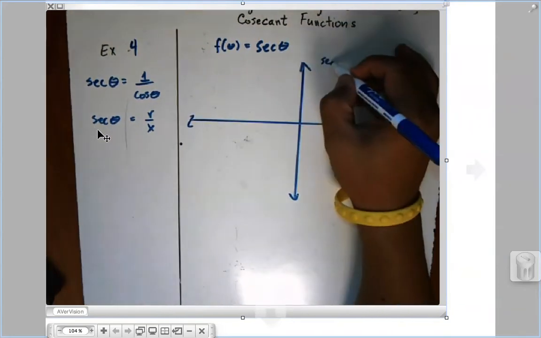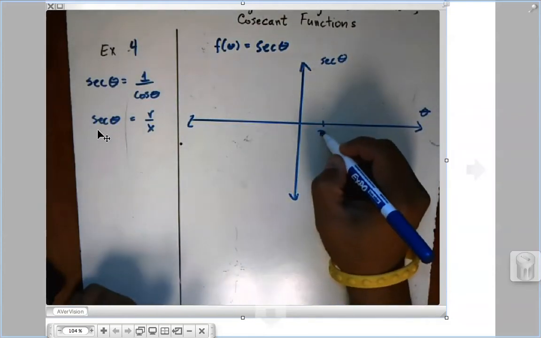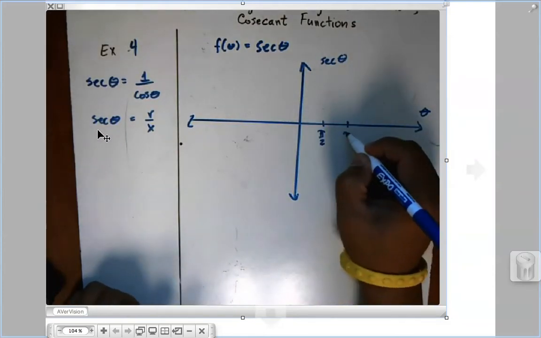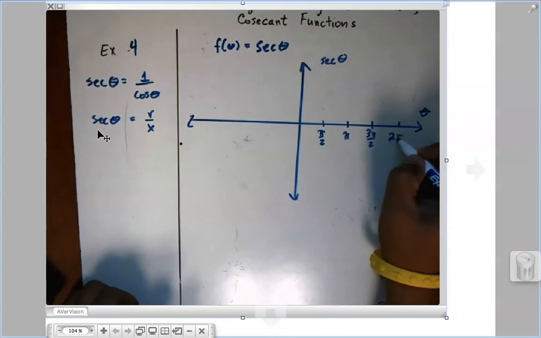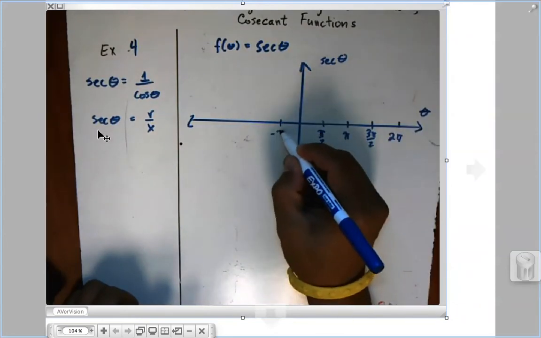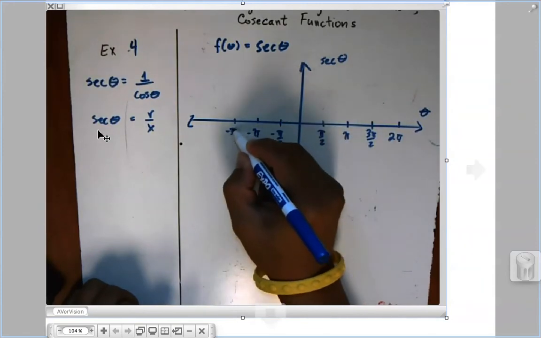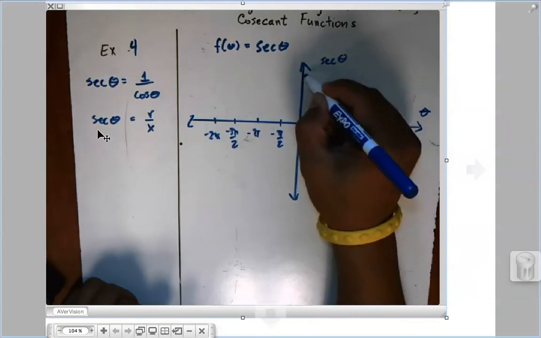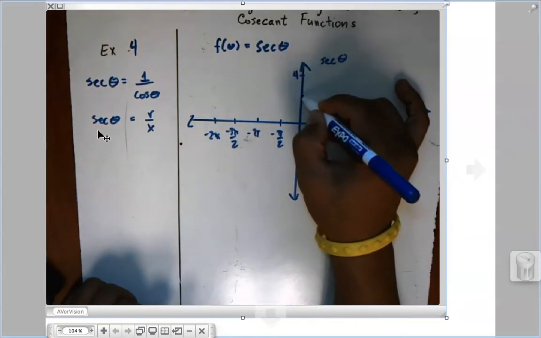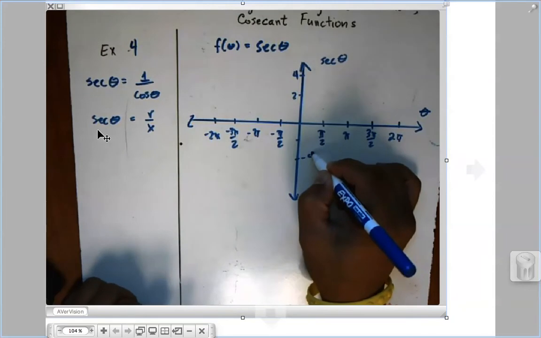We are going to graph secant of theta along here, and I'm going to increment my graph by pi over 2, pi, 3 pi over 2, 2 pi. Same thing in this direction. I'm going to go up to 4 up here, 2, to negative 4 down here.